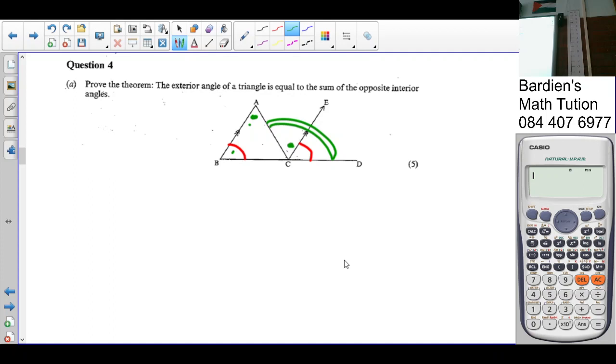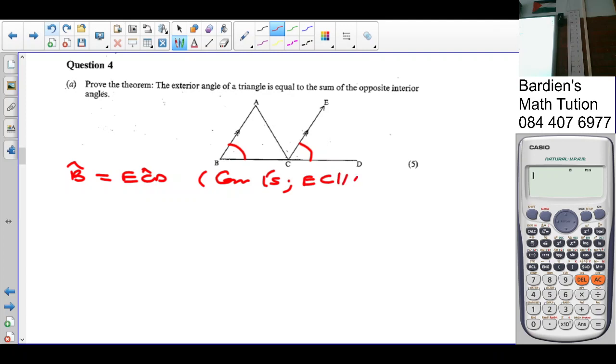So let's write it out. We started off here. We said angle B is equal to ECD. Why? Corresponding angles, with EC being parallel to AB, or AB is parallel to CE.